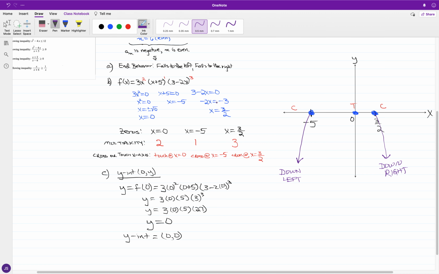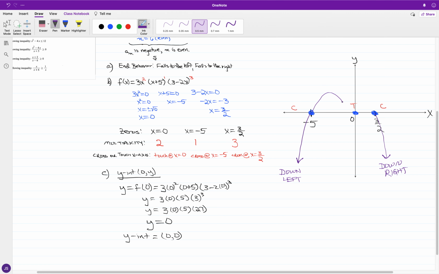And just for the dynamics, if I read the graph in order from left to right, I have starting beneath the x-axis, and once I get to -5, the graph is going to cross, so it's going to go from below the x-axis to above, and then it's going to start to descend.